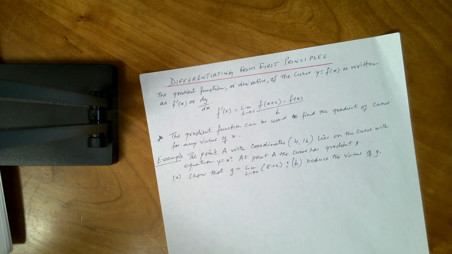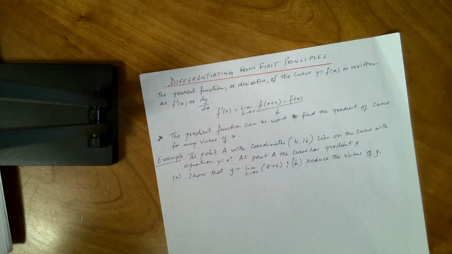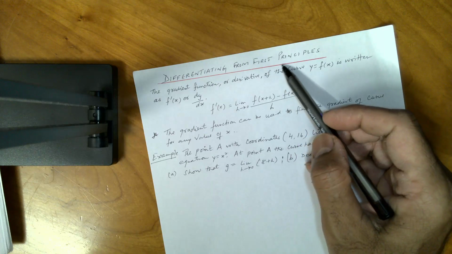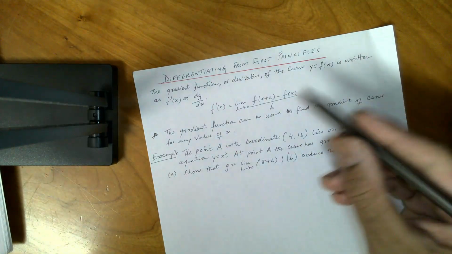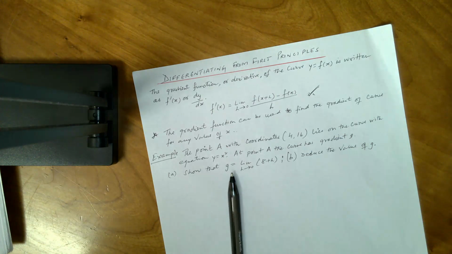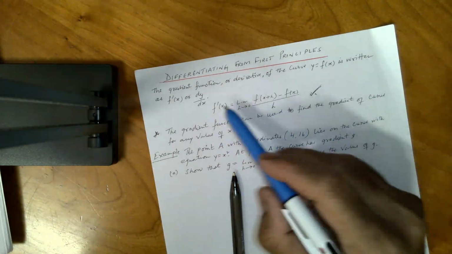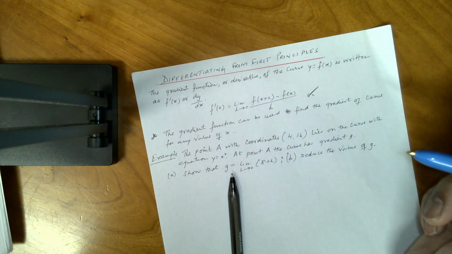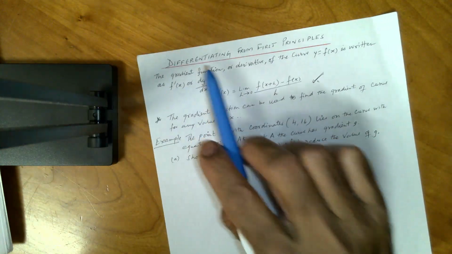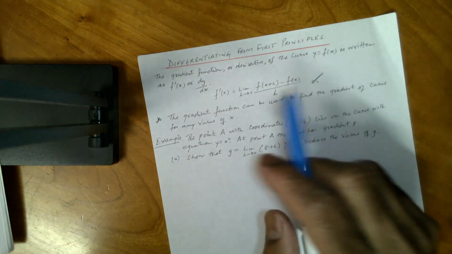However, I will leave the link in the description box as well. Okay, so let's start. The differentiating from the first principle formula has already been explained, how did we get that? I'm just going to recap very quickly before moving to solving the problems.